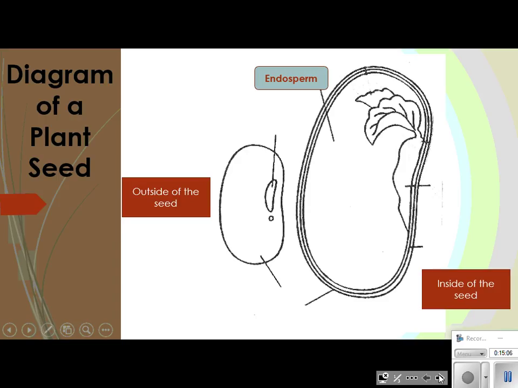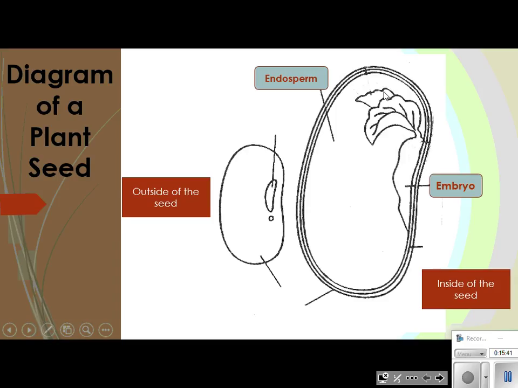Well, if I'm looking at this, this whole thing here is the endosperm, right? What must be the embryo? This whole thing? Well, there you go. The embryo, the baby plant that will emerge when the seed starts to germinate.